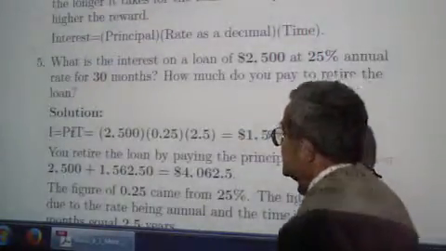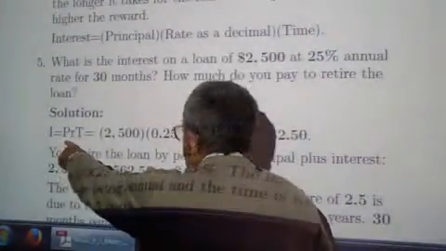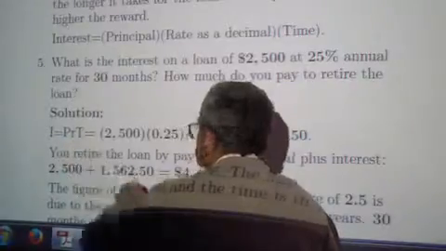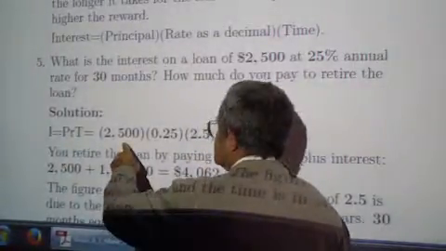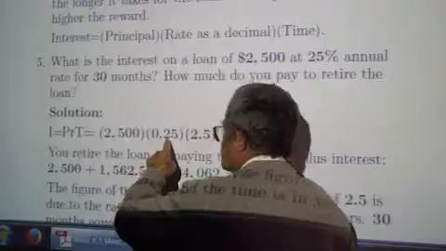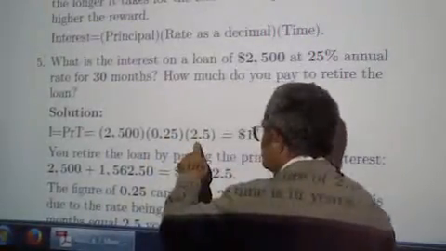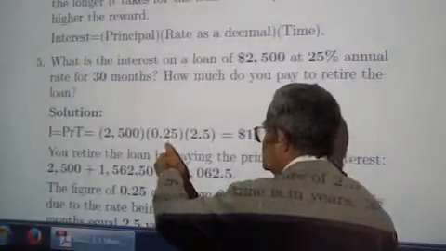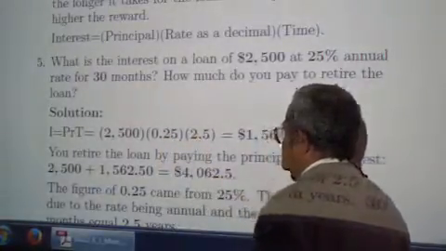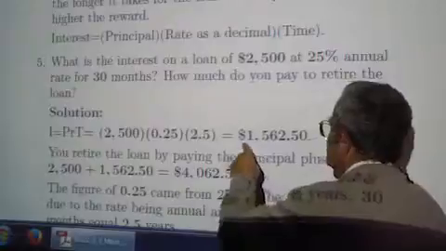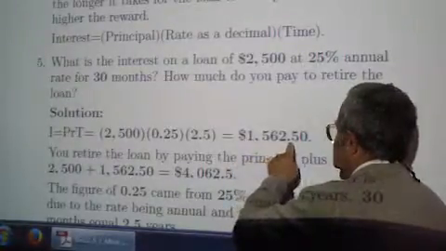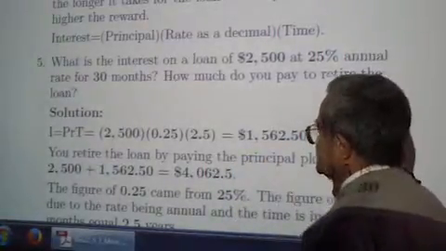Simple interest is principal times rate times time. The principal was $2,500, the rate was 25%. The time was 30 months, which is 2.5 years. The rate is in years, the time must be in years, which is supposed to be $1,562.50.